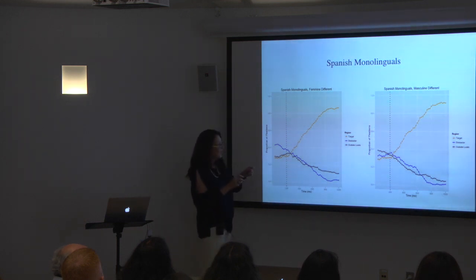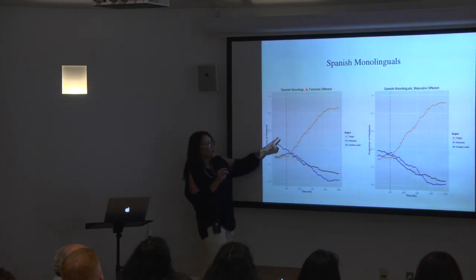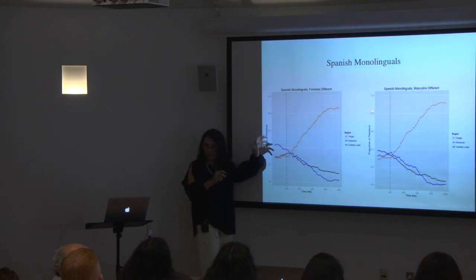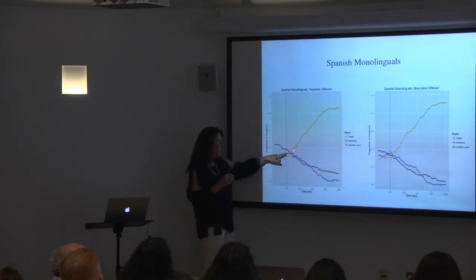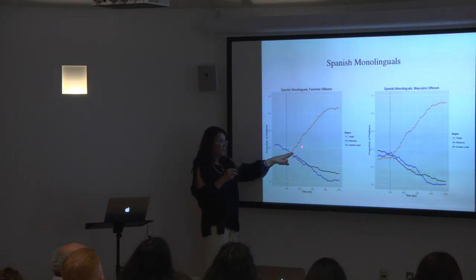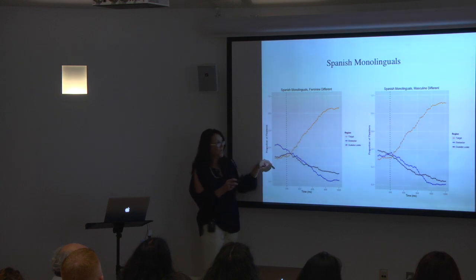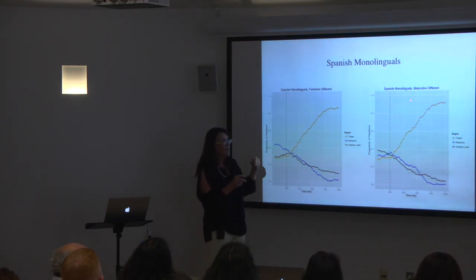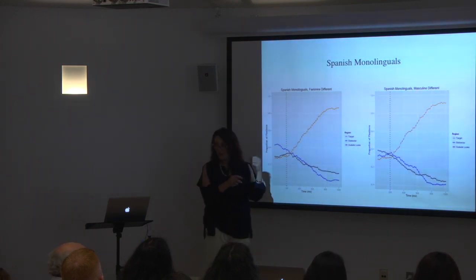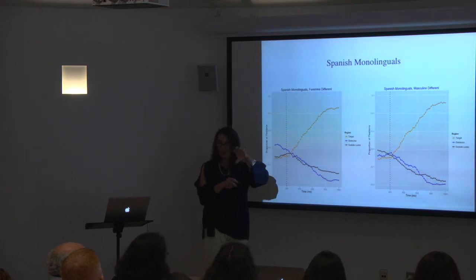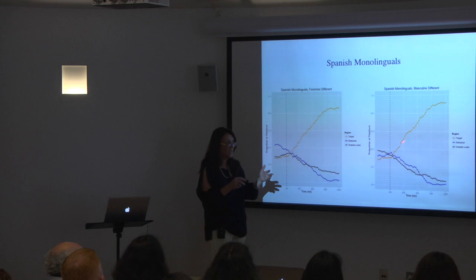And what you see is that the Spanish monolinguals in the feminine different display look at the target item very quickly, and they don't even consider the other picture at all. When you have masculine different gender, so when the target is not the ball but the car, which is the masculine target, you basically see the same result.